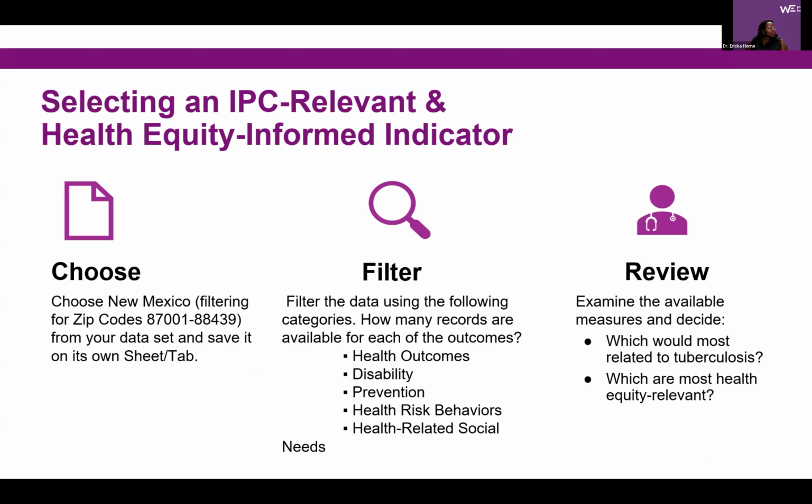If anyone's having trouble or needs some assistance with figuring out how to filter for the zip code, when you have the main file open, you're going to filter your location. Your location is your zip code.